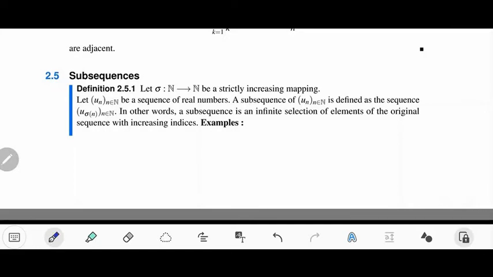Hi, in the last section of this chapter we talk about subsequences.